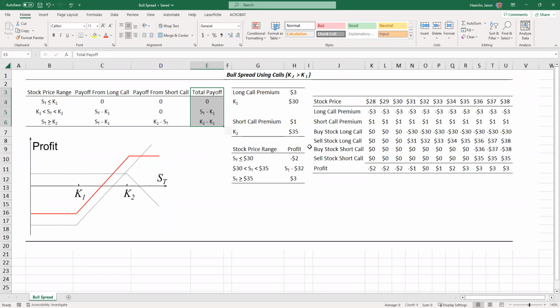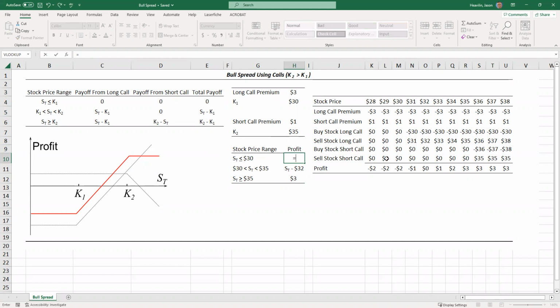Now, how do we use that to eventually get to the profit? So what we do, we take the stock price when it's below or equal to 30. We know that when the stock price is less than or equal to 30, the payoff is 0. However, we have these premiums to talk about.